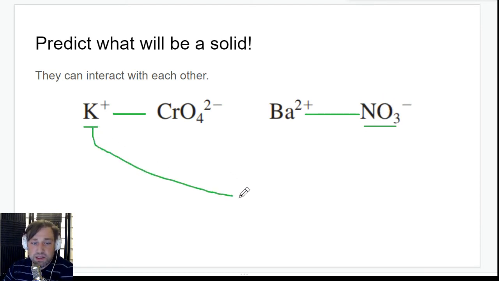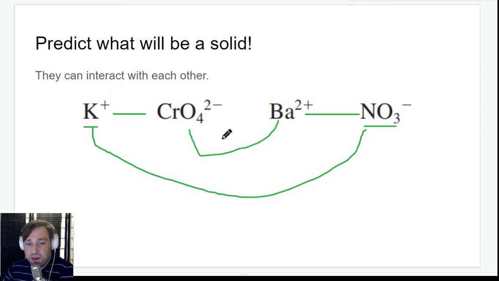The potassium and nitrate can meet up. Well, that's even worse because they both make them soluble. And then the barium and the chromate can come together. This is going to be insoluble. So this is soluble, soluble, and soluble. This is going to be insoluble. This is going to become a solid. Okay.